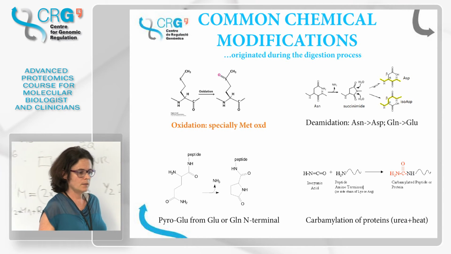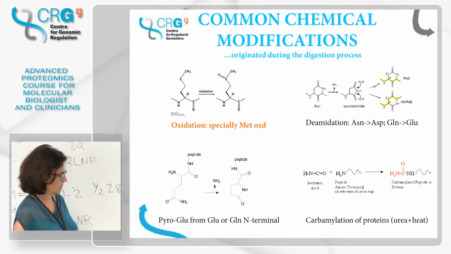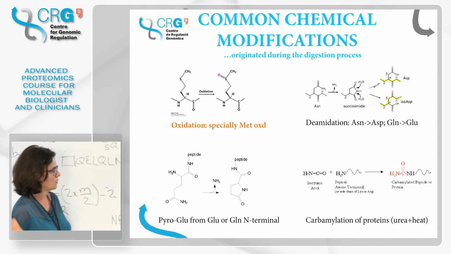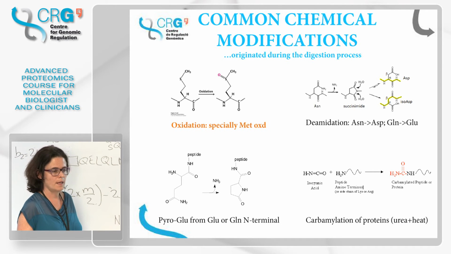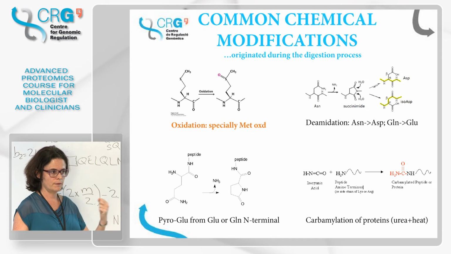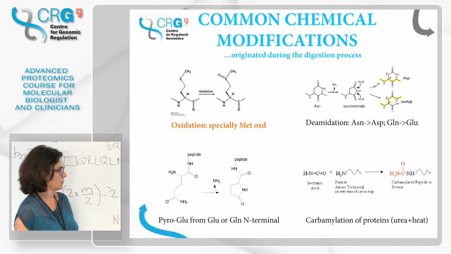During the digestion, different things can happen. One very typical thing is that the methionine is oxidized because of the air, especially if you use the filter, where you are putting air through the filter all the time. The oxidation of methionine is something very common.